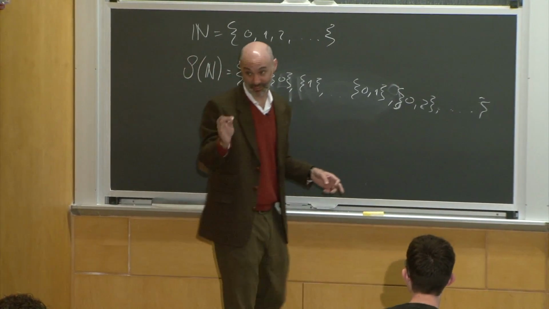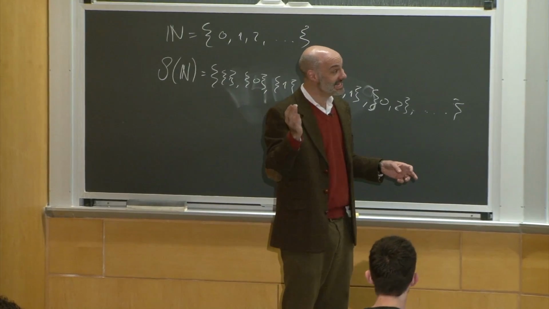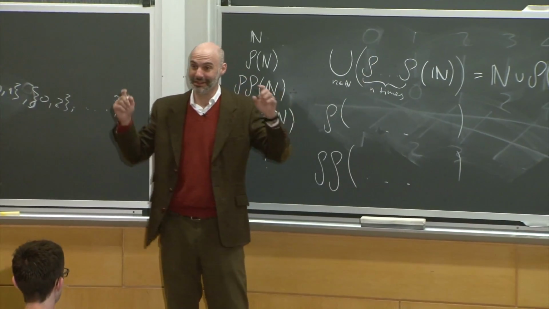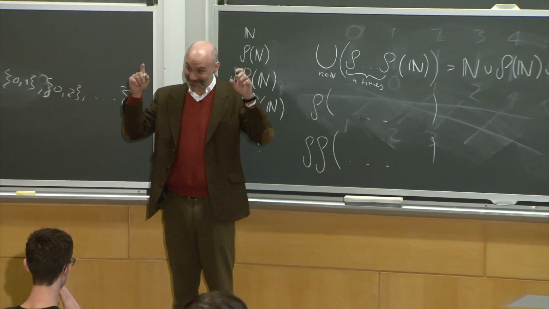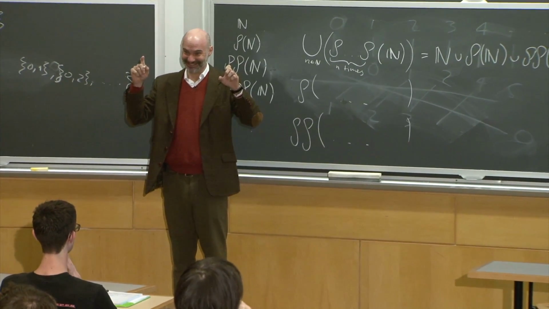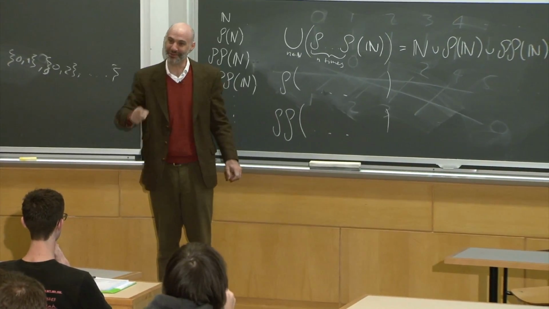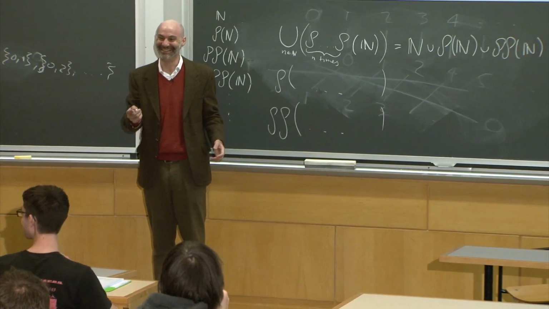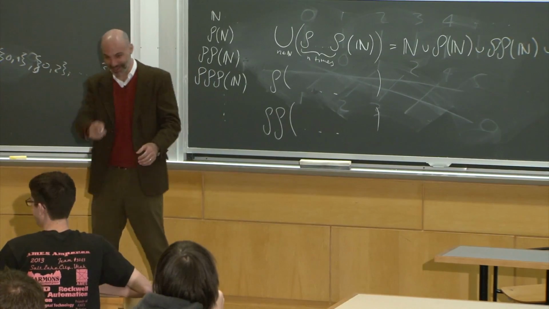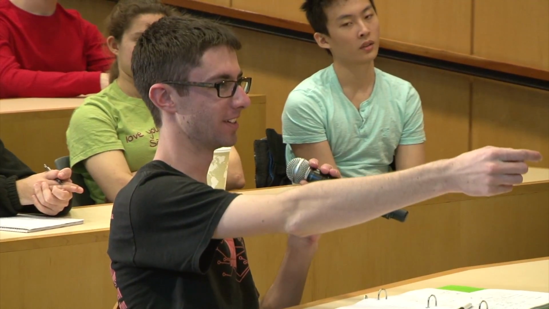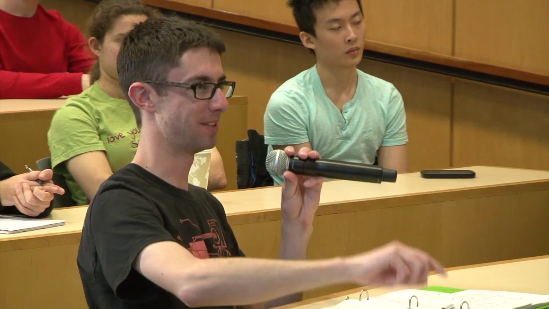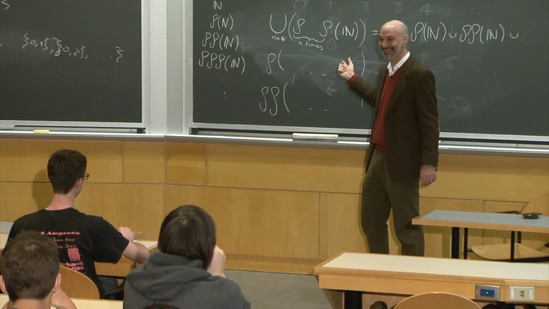So here's a question for people. Does that mean that in here we have infinite iterations of brackets? You gave the right answer with your head. Do you want to elaborate? So for any number n, you can go down to the power set here for which you had that many brackets. That's right.